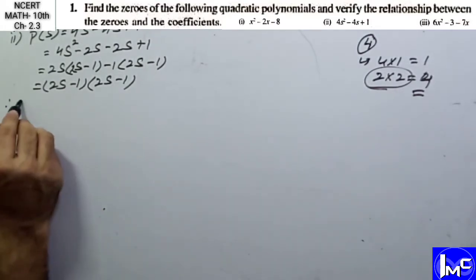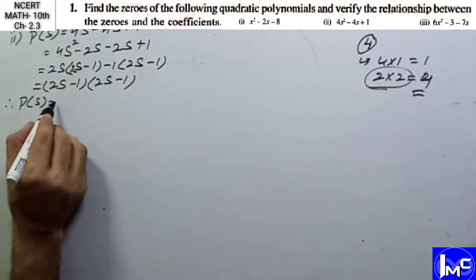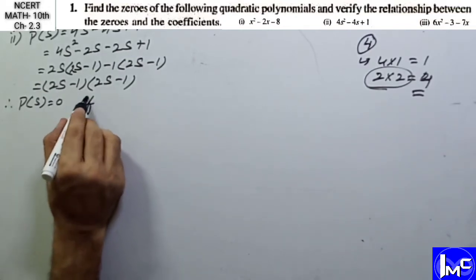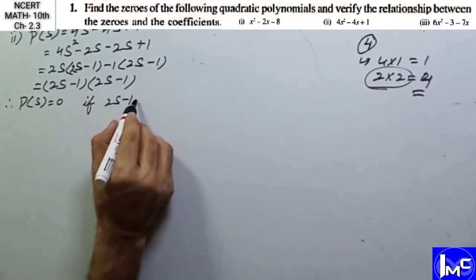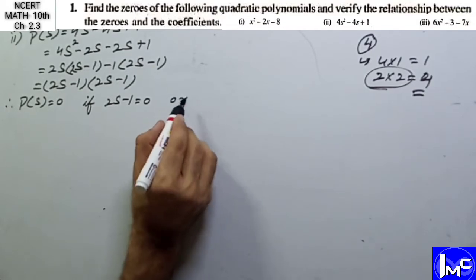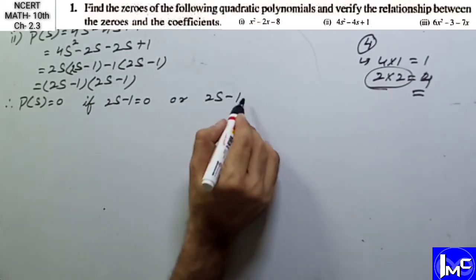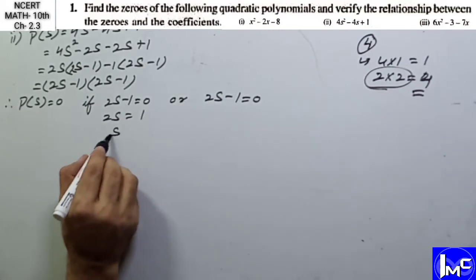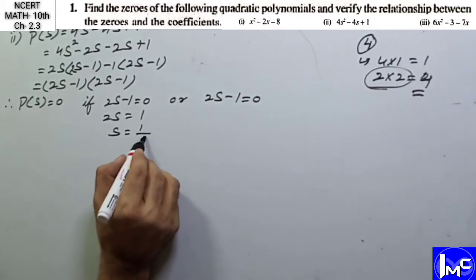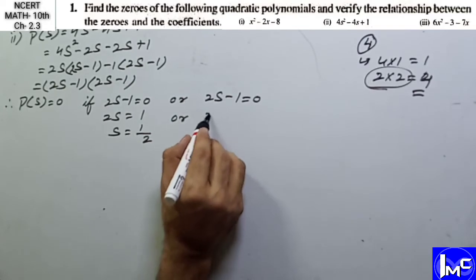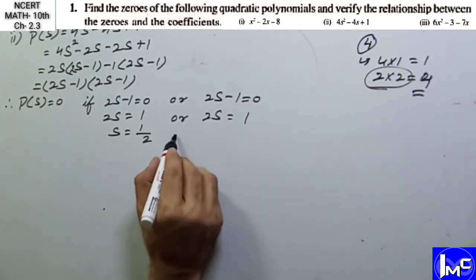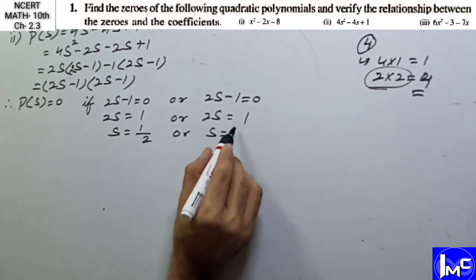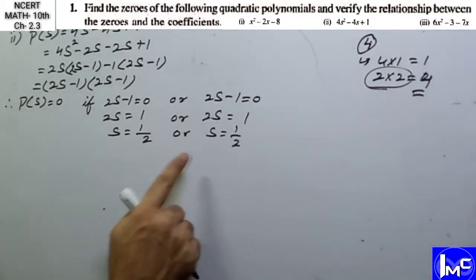Therefore ps is equal to 0 if 2s minus 1 is equal to 0, or the second factor 2s minus 1 is equal to 0. 2s is equal to 1, s is equal to 1 by 2, or 2s is equal to 1, or s is equal to 1 by 2. These are the same.